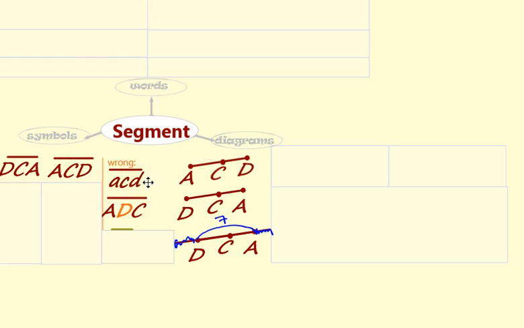In the first case, they are lowercase. And in the second case, D is between A and C, which is not our situation. By the way, we could use two-letter notation for the same segment, because if we said segment AD or DA, that would be exactly the same segment as segment DCA.